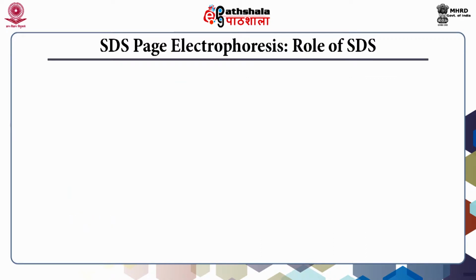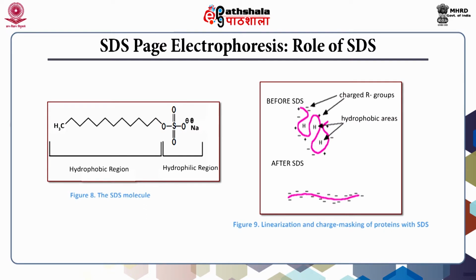When proteins are dissolved in a solution of sodium dodecyl sulfate, that is SDS, and further boiled, the secondary and tertiary structure of the native protein are completely disrupted, like you can see in this figure. Mercaptoethanol or dithiothreitol is also added further to reduce the disulfide bond. The denatured protein is now unfolded into a linear structure.